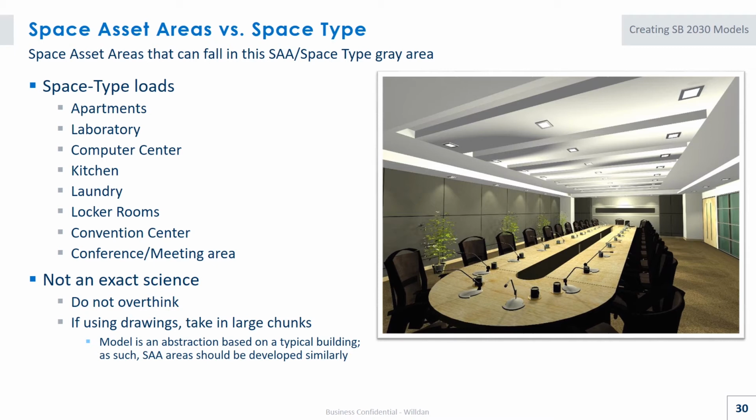You want to get a good representation of your building. We find that as long as you're pretty close, you're going to be within 1 to 3% of the energy consumption as if you zone it out space by space. So you lose a little bit of precision, accuracy, I suppose, but it takes much less time and you can get results earlier and it's more consistent across multiple users.